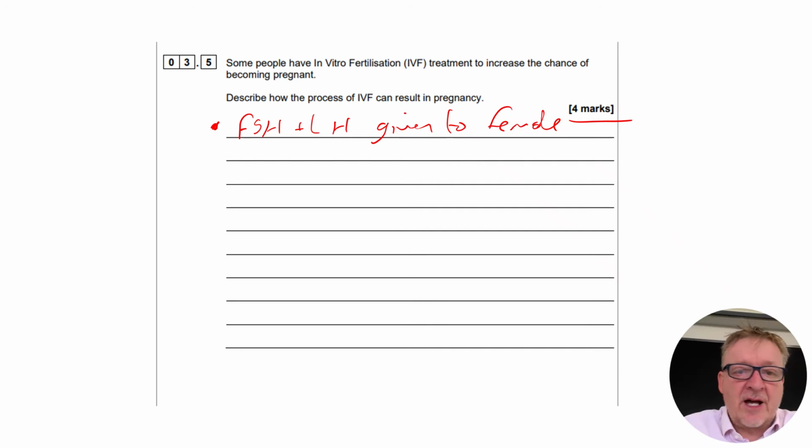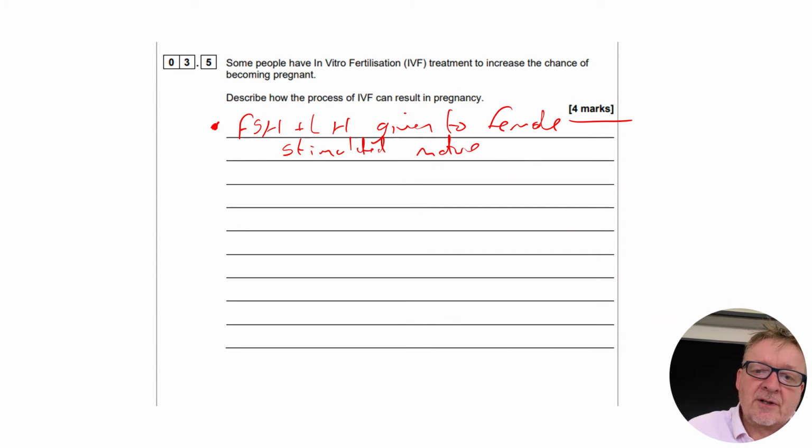FSH is follicle stimulating hormone, so the follicles in the ovary are stimulated to become mature. LH prepares them and causes ovulation. So therefore you've now got stimulated mature eggs.